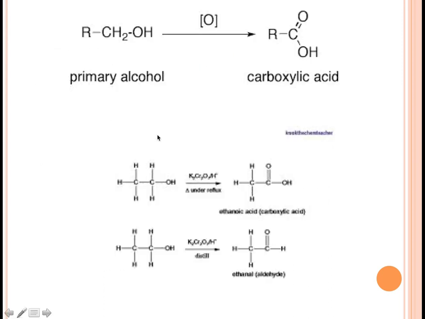Okay. So our primary alkanol can be converted into a carboxylic acid. It says here with the presence of oxygen. Okay. Normally that oxygen is coming from something like, here we've got potassium dichromate, and we need an acidic environment.